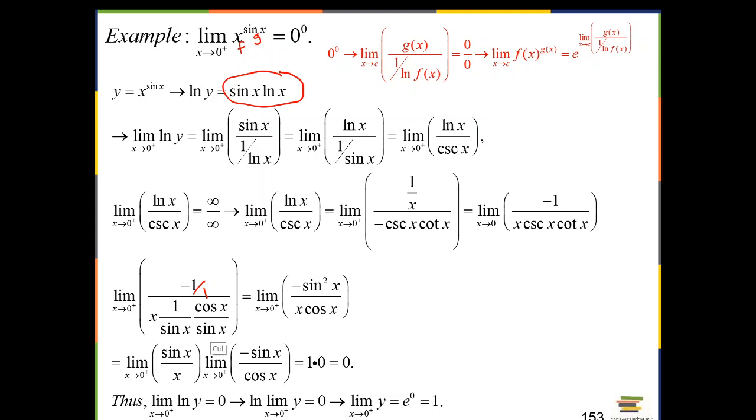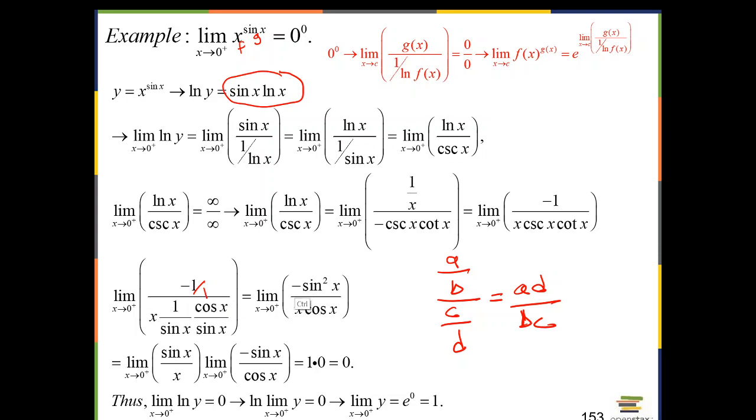So it would be sine x times sine x in the numerator. Let me give you a rule here. If you have something like this, you can write it as AD over BC, right? Complex fraction. So -1 times this over 1 times that, which is x times cosine x.